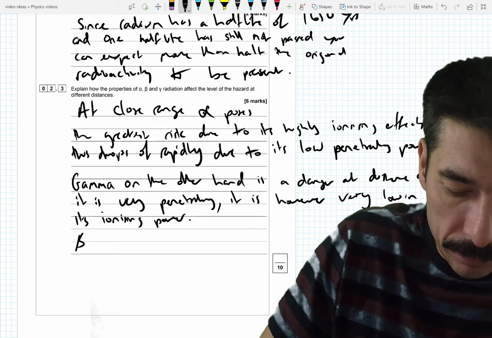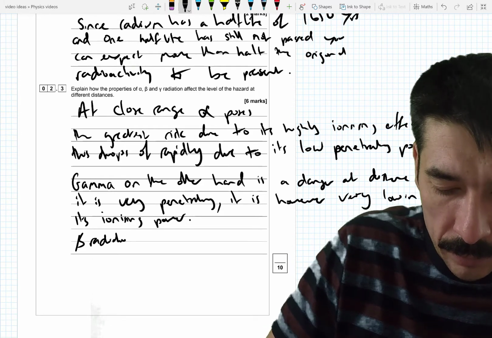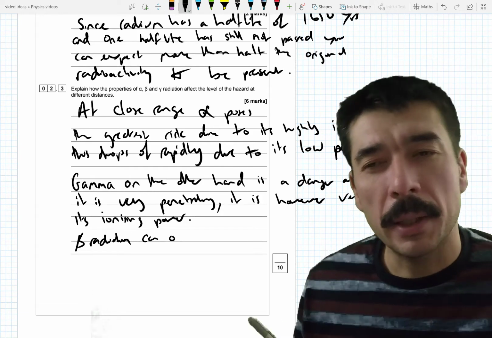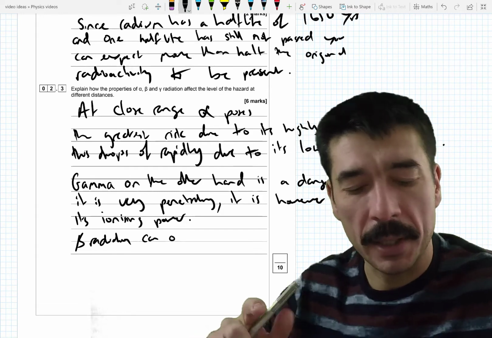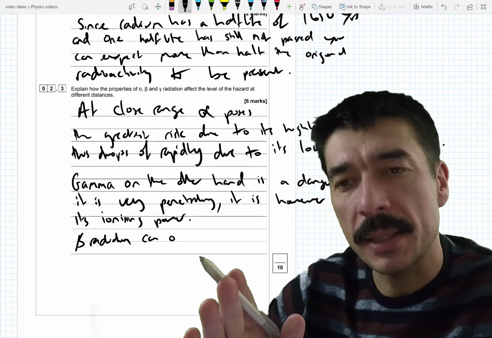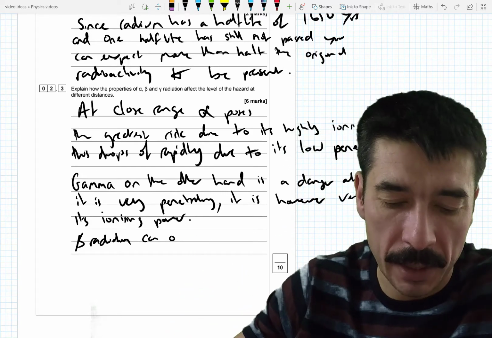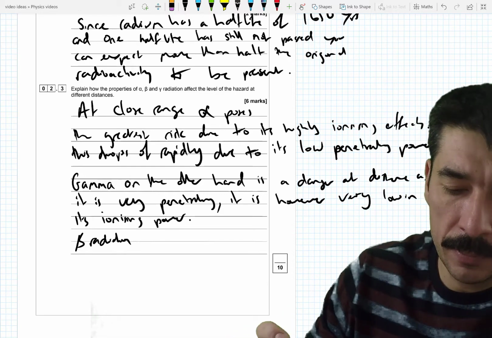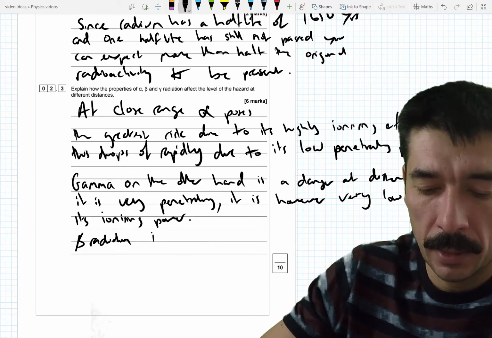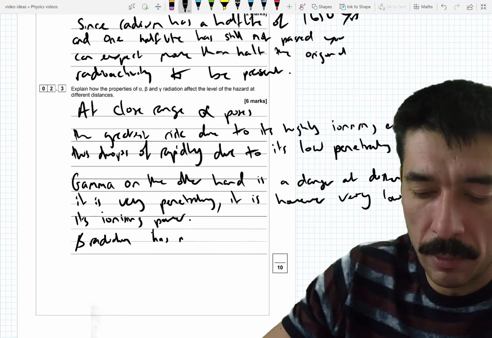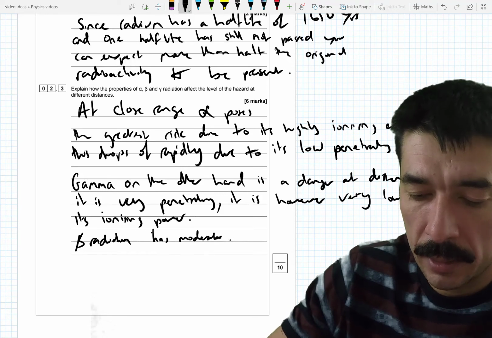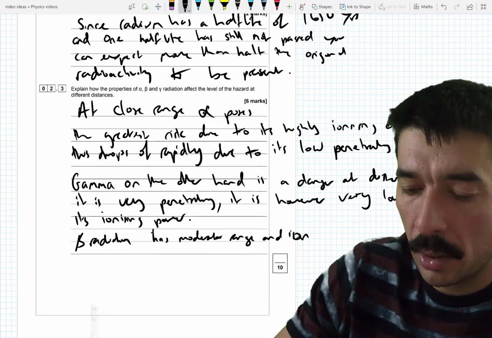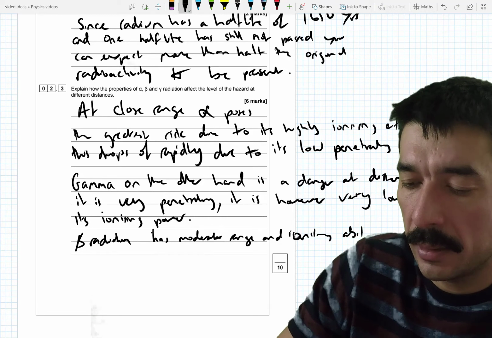So beta radiation, well, I can't remember the exact numbers about how far it can travel in air, so I want to phrase it carefully so I can maybe get a marking point for saying something sensible about beta radiation. So beta radiation has a moderate range and ionizing ability.